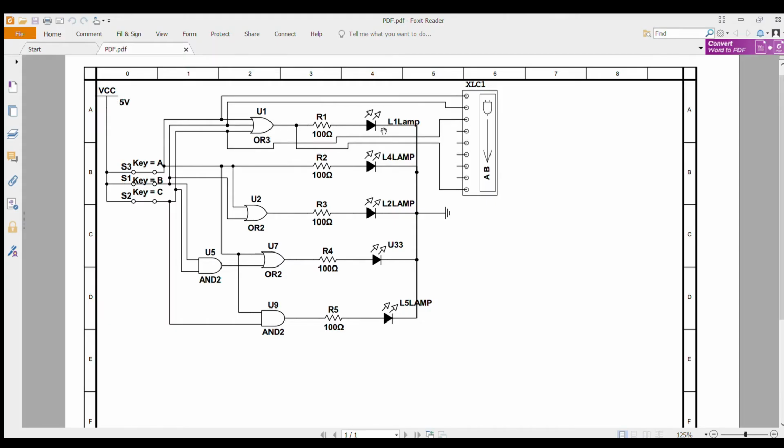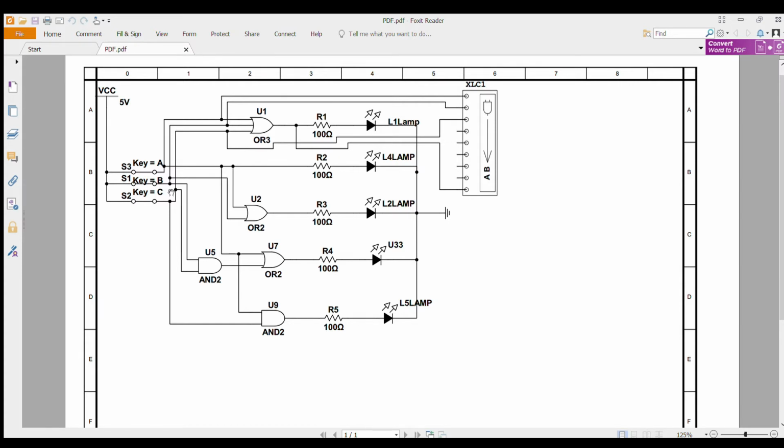Basically, here's the Multisim. We have a voltage supply of 5 volts connected with 3 switches: A, B, and C. As we mentioned, from the K-map we got L1 equals A plus B plus C. And we said that it is represented by an OR gate. So here's L1, A, B, and C will be connected as inputs to the OR gate, then the output will be L1, but we connect a resistor here to save and keep the LED alive.